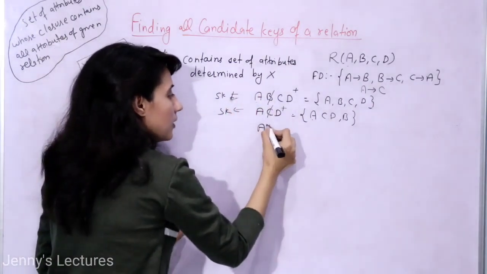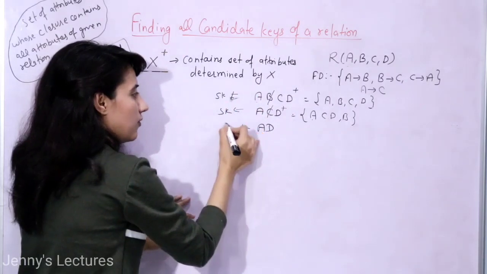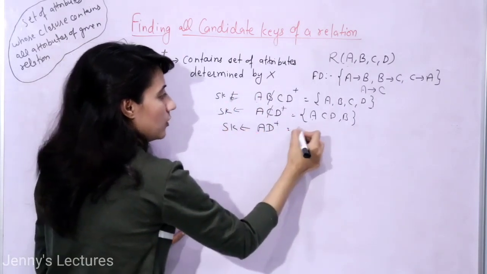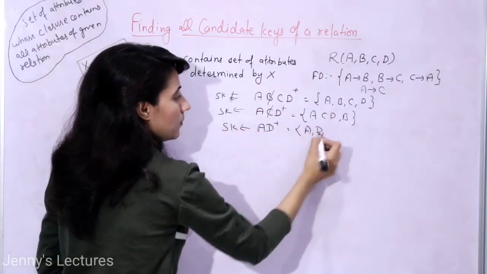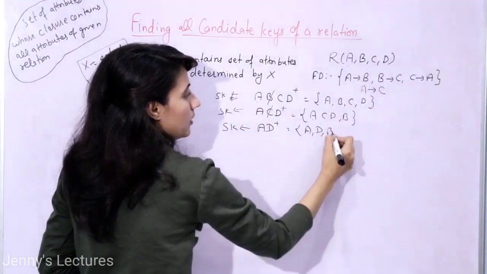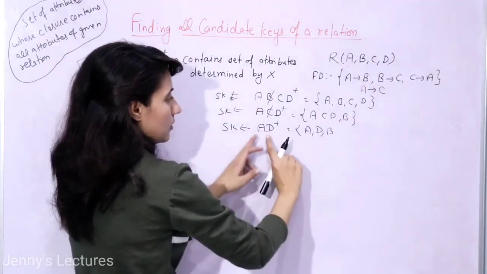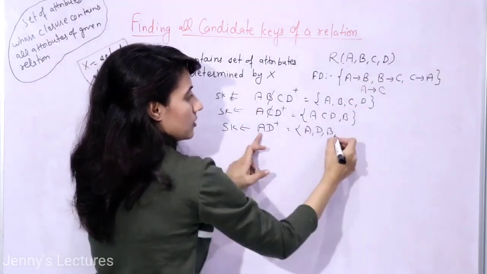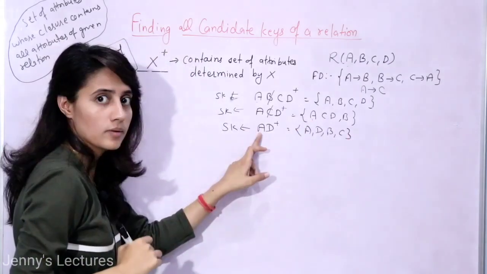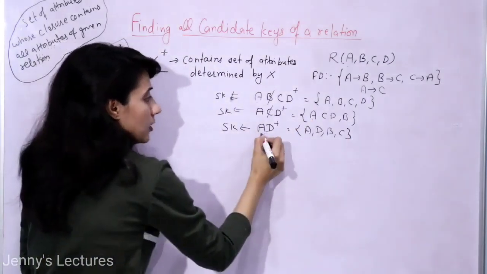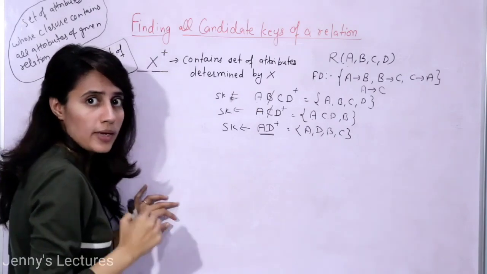Now A, D. This would definitely be a super key because the closure of this would be A, D. Using A I can determine B. Using A I can determine C also. Now can you discard any other attribute from A, D?